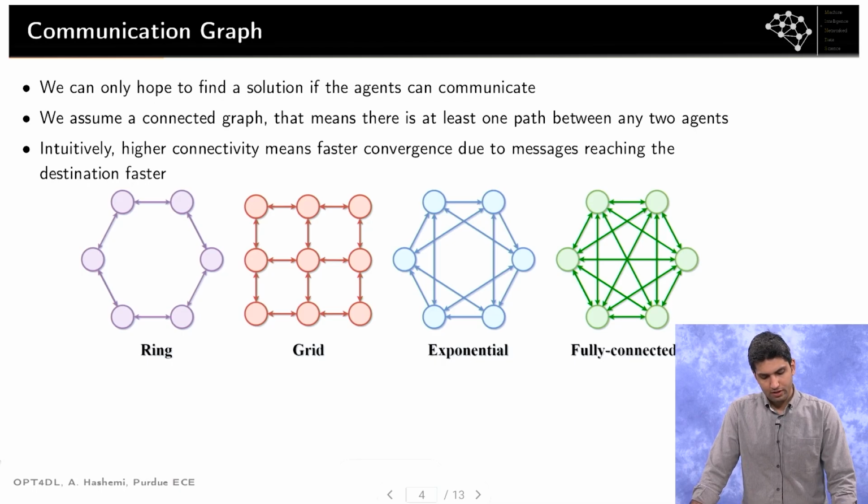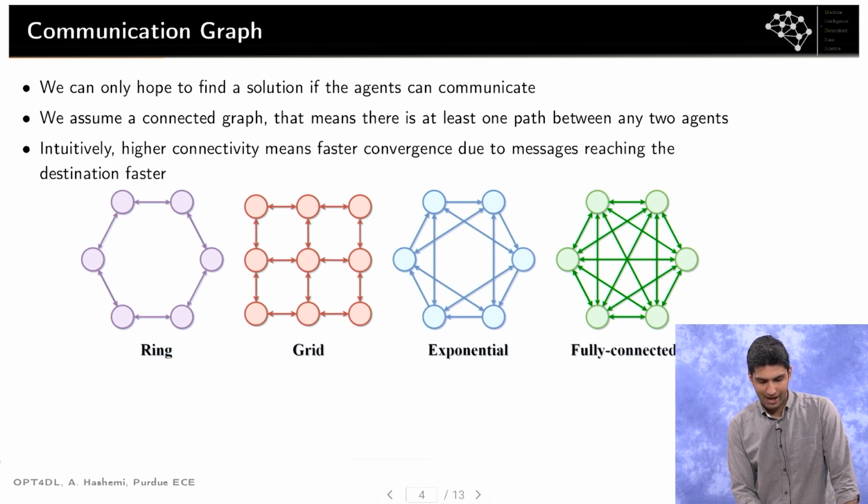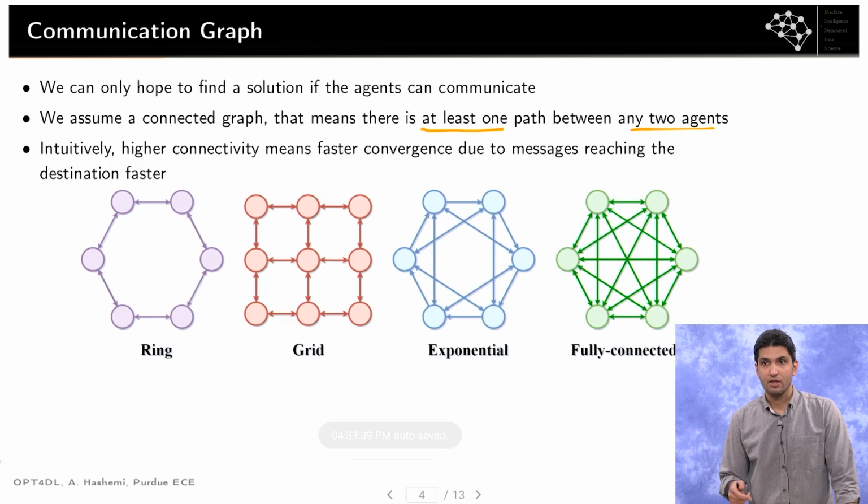So we're going to assume, therefore, that the communication graph is a connected graph. That means that there is at least one path between any two agents. They don't have to be directly connected, but it's fine if they are indirectly connected through communication from multiple agents.